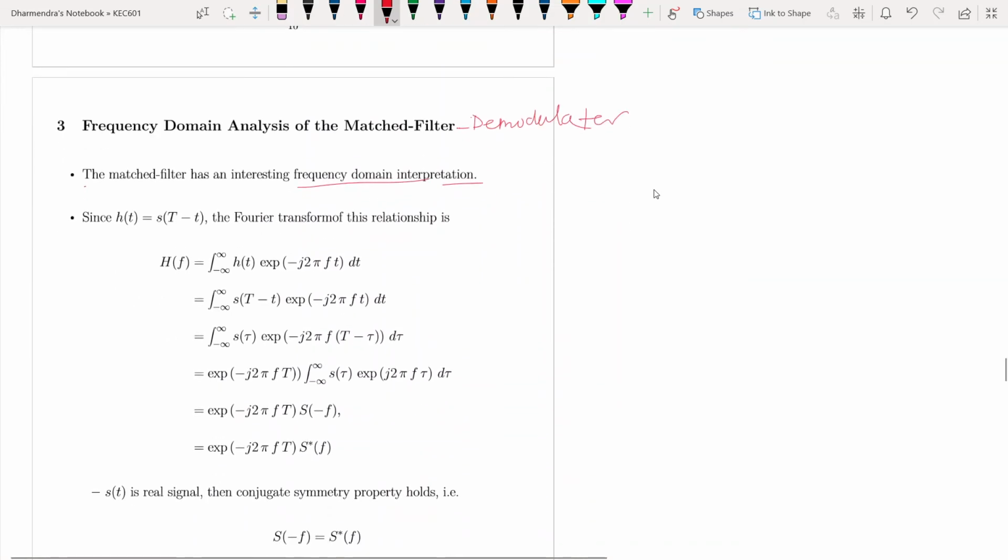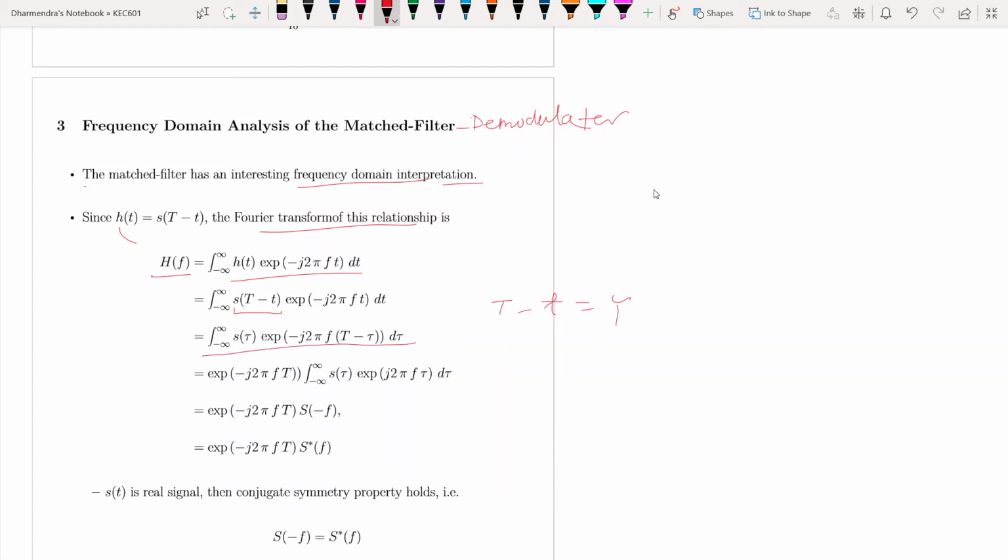Since h of t equals S of capital T minus t, calculate the Fourier transform of h of t, and substitute h of t equal to S of capital T minus t. Now change the variable, capital T minus t should be replaced by tau, and after manipulation I will get this one.